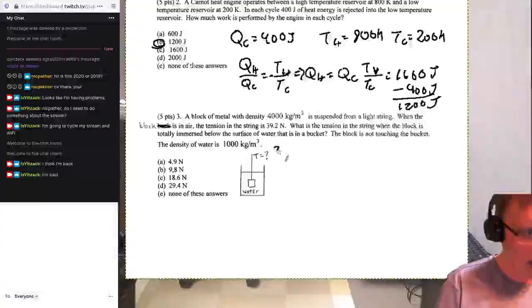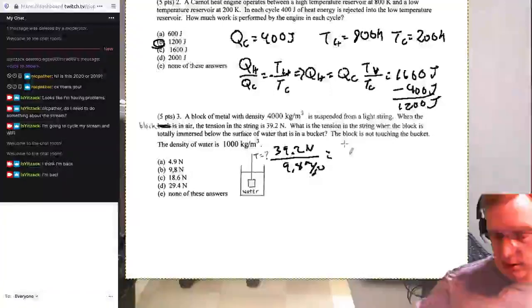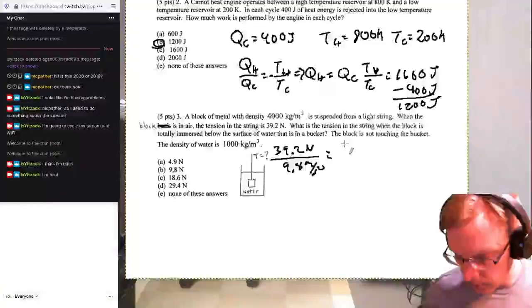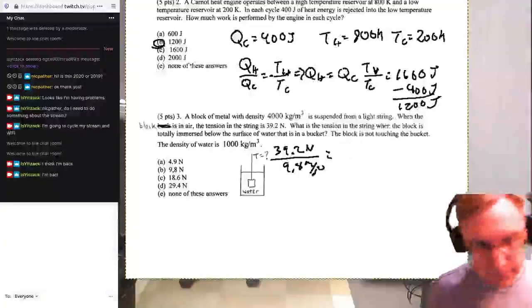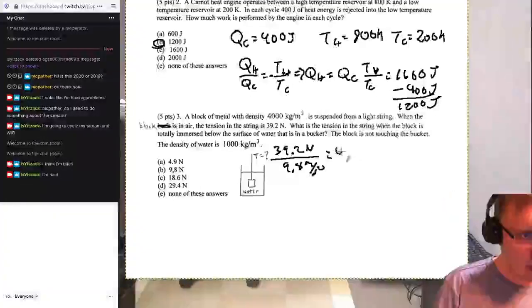So we have 39.2 newtons divided by 9.8 meters per second squared will tell us that the mass is 39.2 over 9.8, which is probably well chosen. Yep, it is. 4 kilograms.